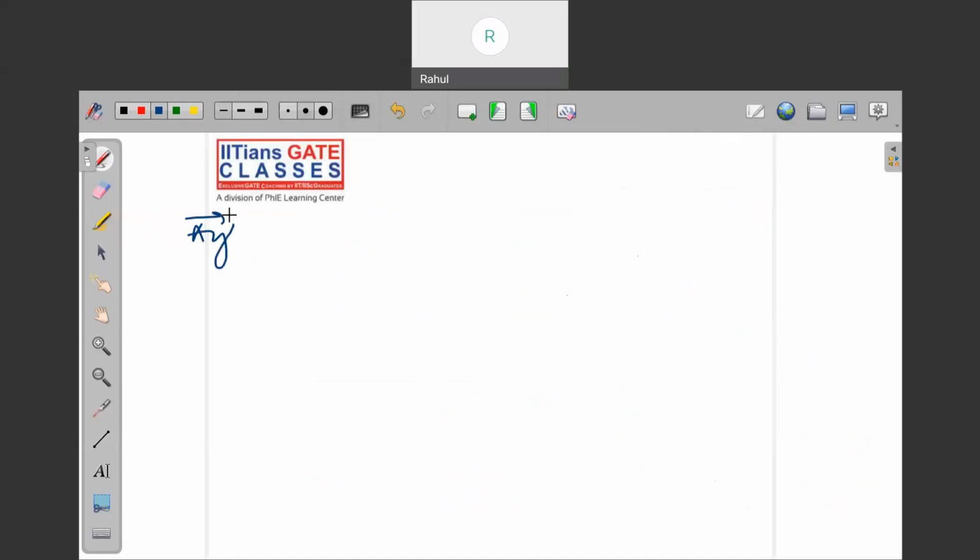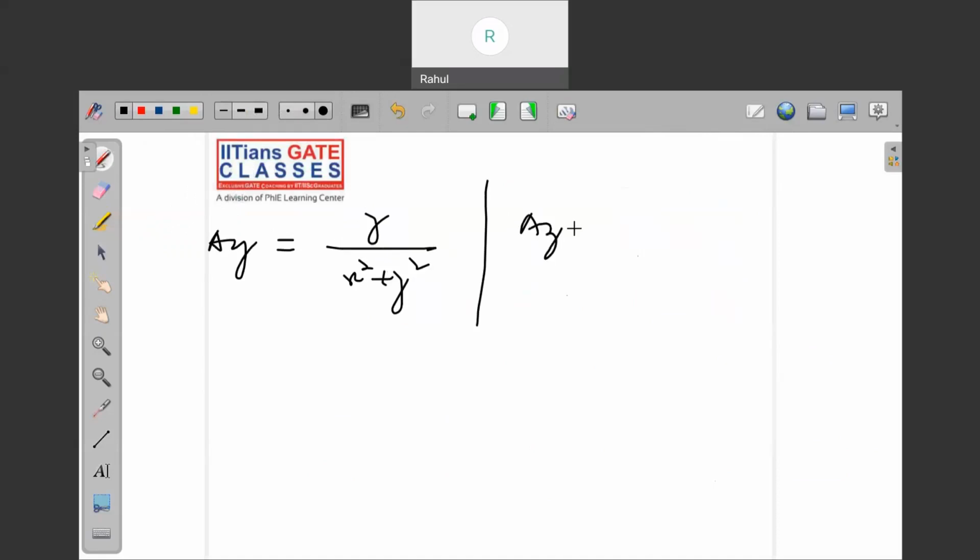Not the vector, just the component I'm writing. So the A y component you will get as y upon x square plus y square. Very good problem, right? And A z is 0. So easily you can write here. Now they are asking at P(1,1,1).